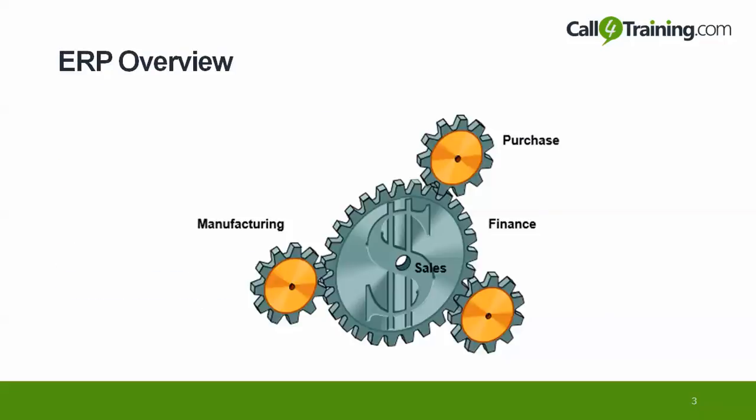On an ERP overview, ERP is nothing but a platform on which the various modules or the various aspects of an industry can map to. For example, let's talk about an industry which produces some kind of product.